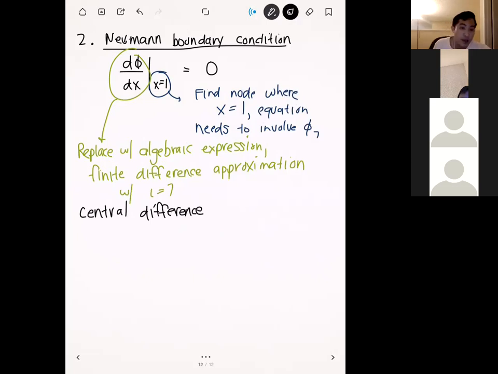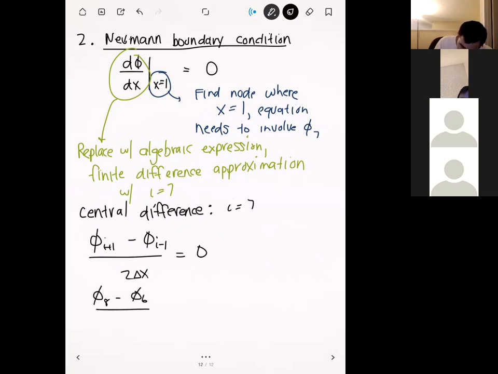With the central difference scheme, with i equal to 7, we have phi of i plus 1 minus phi of i minus 1, all divided by 2 delta x, is equal to 0. If we plug in i equal to 7, what we get is phi 8 minus phi 6 divided by 2 delta x is equal to 0.